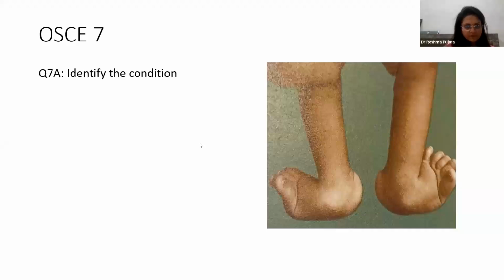So most of the votes go to congenital talipes equinovarus. Rocker, what is rocker? Okay, fine. I will ask the next question and then I'll show you the answers.